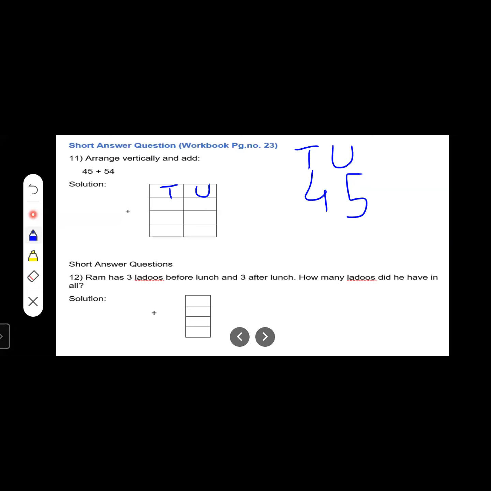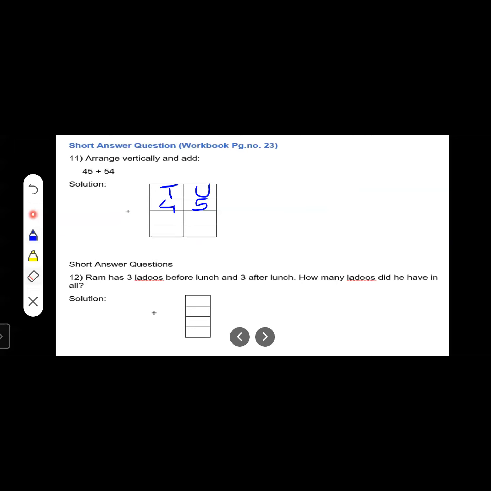Okay. So tens will go with tens and units will go with units. What is the meaning of this? 4 we will write in the tens place here and 5 we will write in the units place here. Clear this much? First number we have arranged.